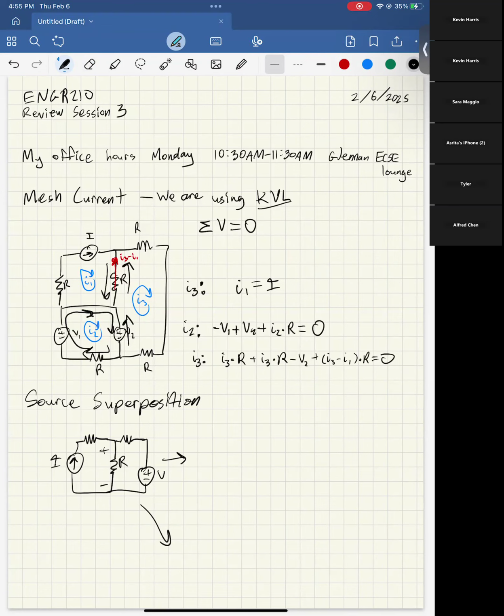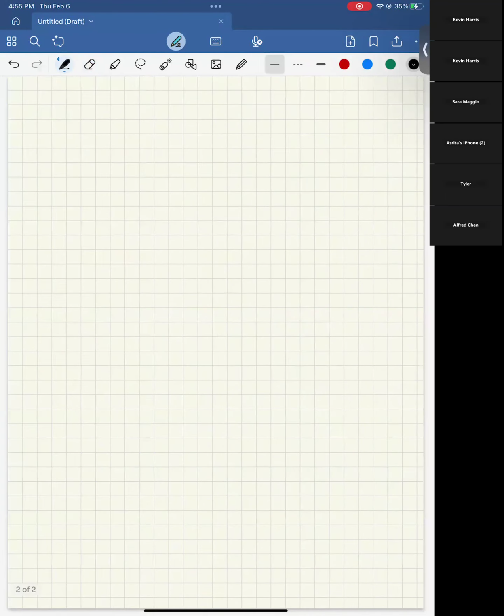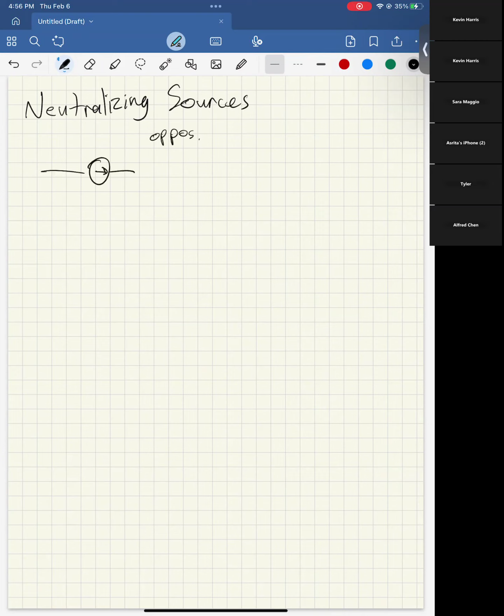And then a brief aside on neutralizing sources. If I have a current source, the opposite of a current source is no current, i.e. an open circuit.